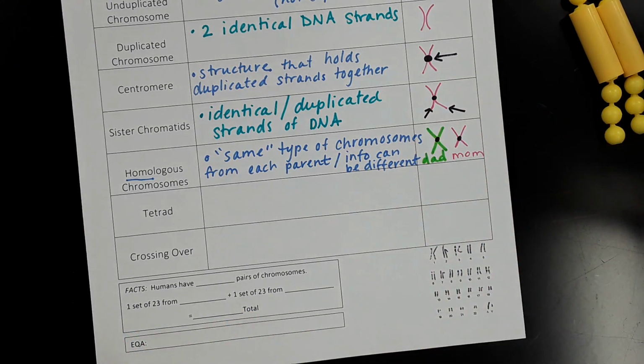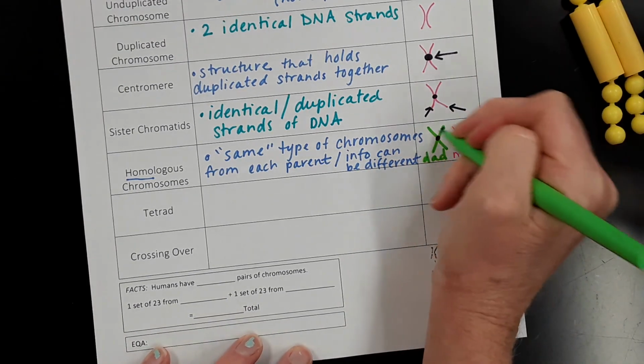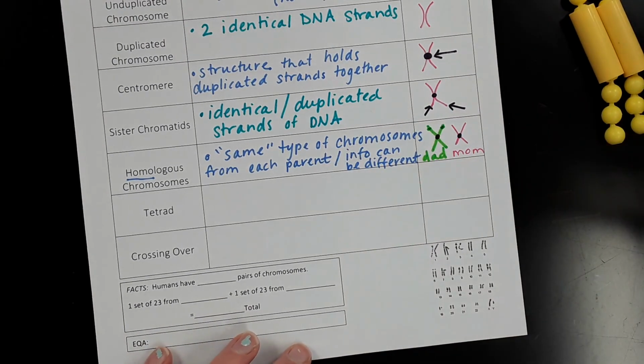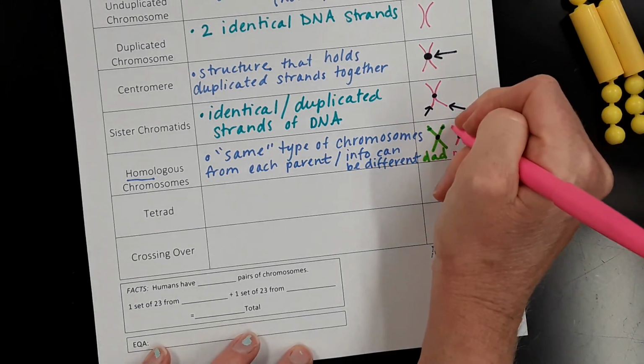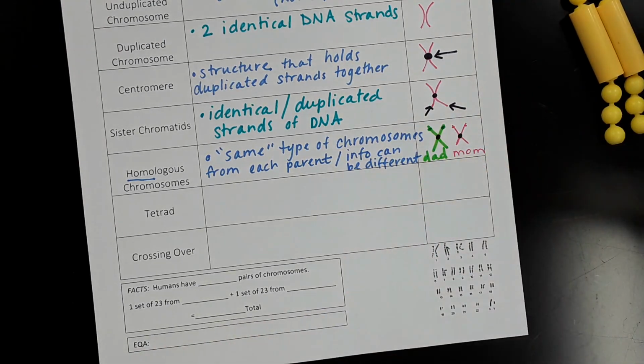They're carrying the same type of information. For example, maybe this one's carrying the gene for eye color right here. And then over here, mom's is also carrying a gene in the same location for eye color. Now, it's the place where eye color might be carried, but the information might be different. Maybe dad's genes are coding for brown eyes, and maybe mom's genes are coding for blue eyes.